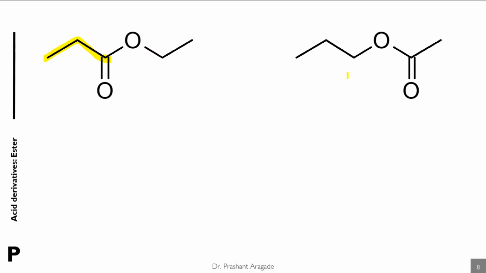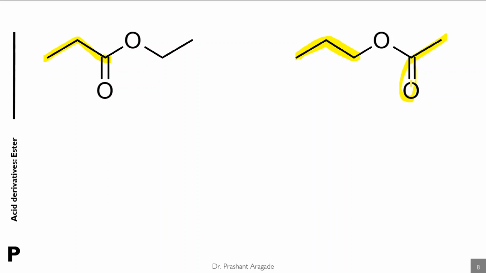But in the right side example, most of the time students will select this as the longest chain containing 1, 2 and 3 carbon atoms. But actually you must select the longest continuous carbon chain containing the carboxyl functional group, as this is the main functional group compared to this side chain. This is regarded as a substituent while this is regarded as the functional group.